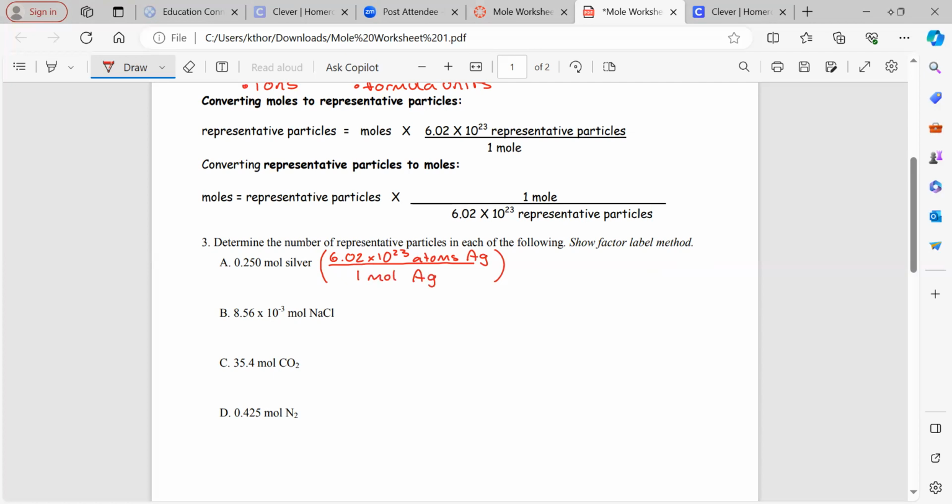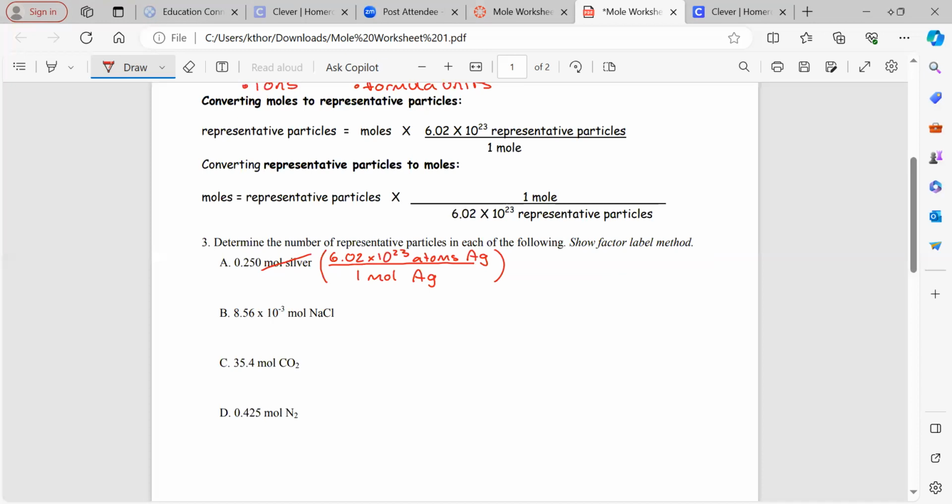Silver's atomic symbol is Ag. That's according to the periodic table. And the reason I put moles on the bottom, and this part I mentioned in class, the math in this class is easy. I have no doubt about you guys being able to multiply and divide. It's knowing where to put what, because we all know there's a major difference between 2 times 2 versus 2 divided by 2. I want moles to cancel out.